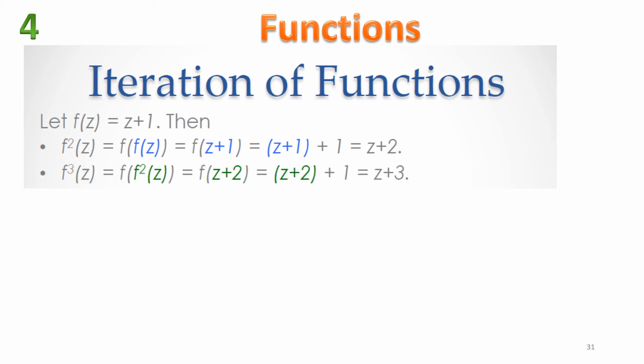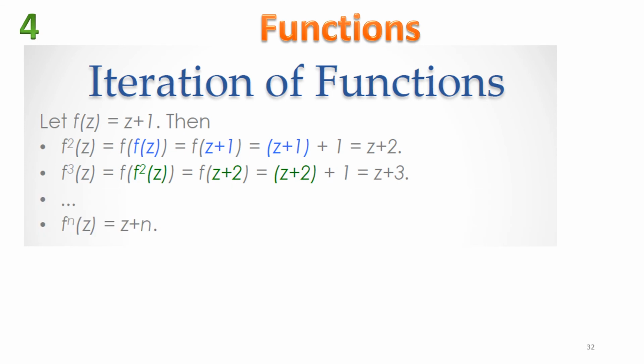Now f cube z will be f of f square z. We have already estimated f square z, and then we shall substitute f square z equal to z plus 2, and then f of z plus 2 will be z plus 2 plus 1, that will give you z plus 3.